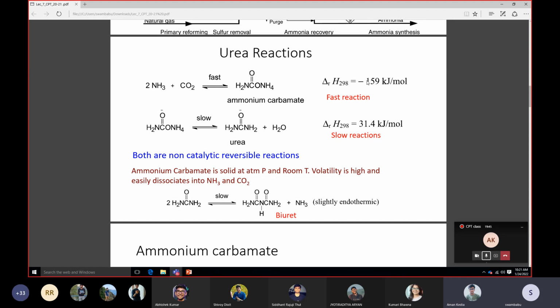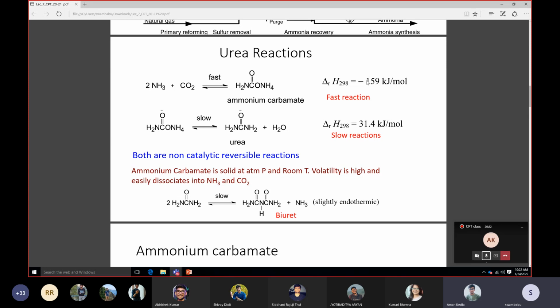Because urea contains nitrogen, and it is a solid at atmospheric conditions that can be easily dissolved in water. Upon dissolving in water, urea can release nitrogen, and that nitrogen can be absorbed by the plants for their growth. That is why urea can be used as a fertilizer.